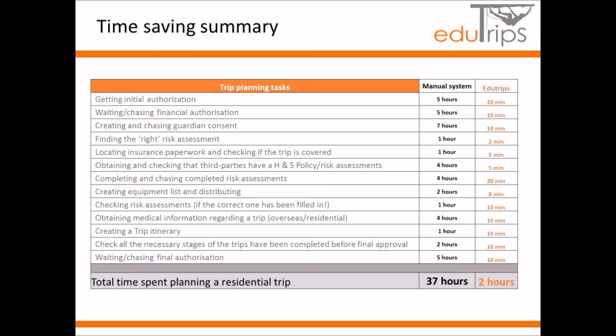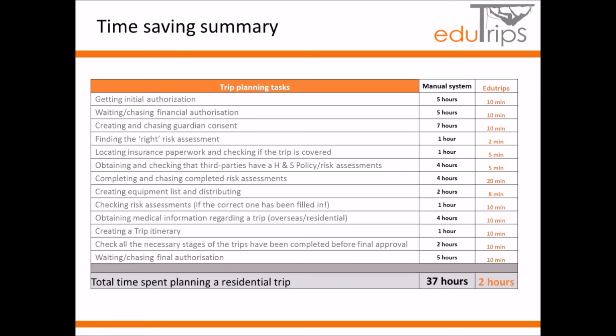Some of the features that I haven't showed you include things like creating an equipment checklist and distributing that. And again, that's a quick and easy process in EduTrips. Checking that risk assessments have been completed correctly. Again, we can assign a certain person within the organisation to make sure that the risk assessments have been checked. Obtaining medical information regarding overseas residential trips.